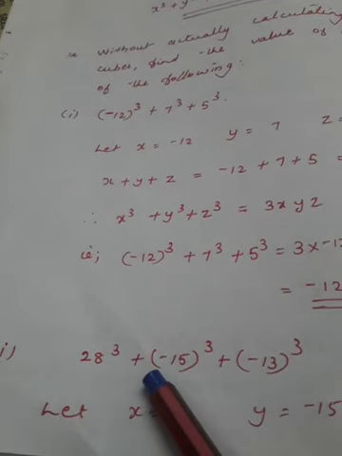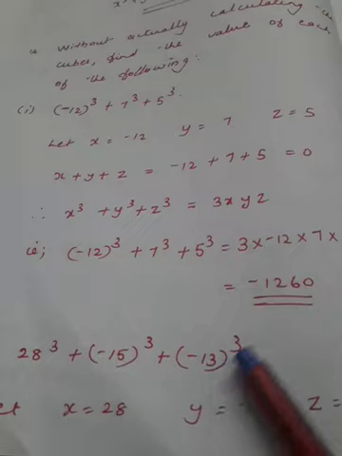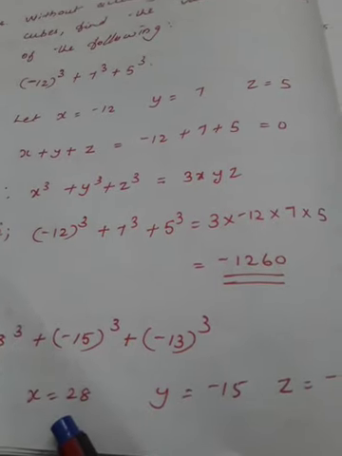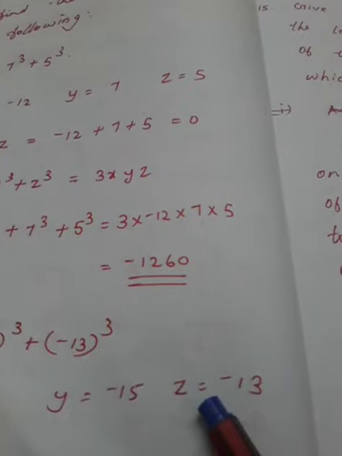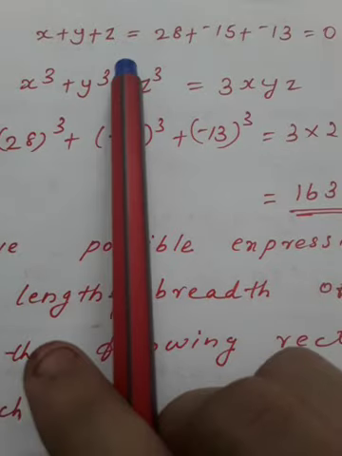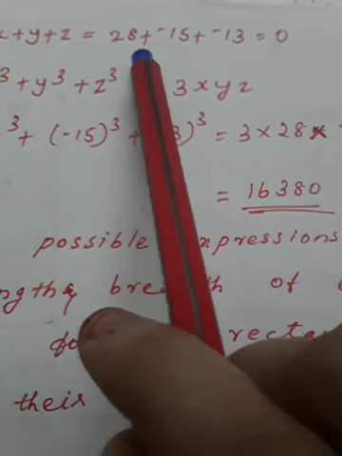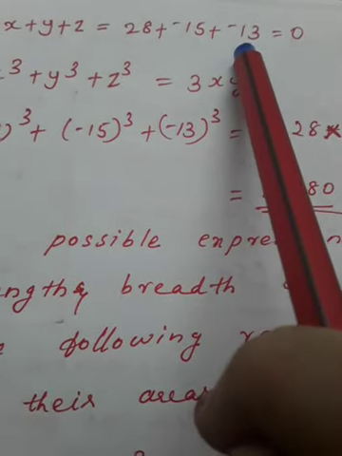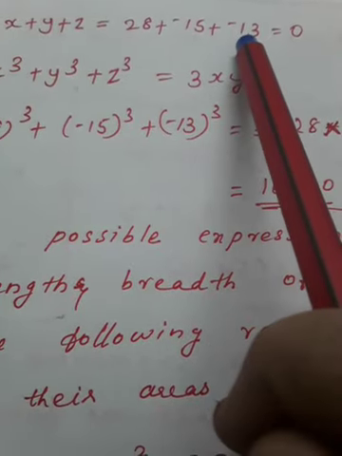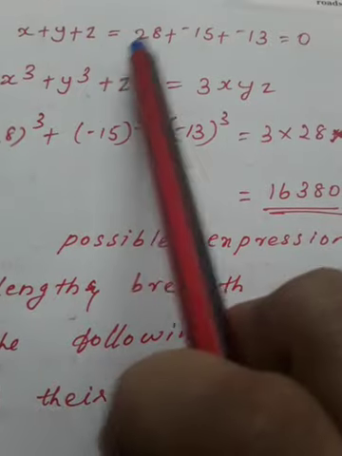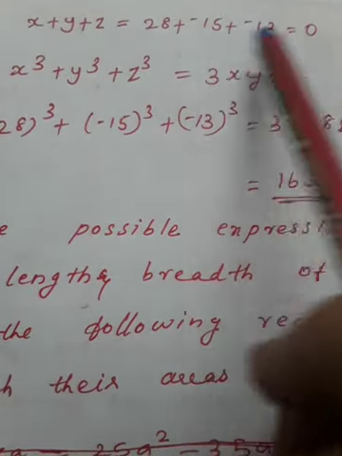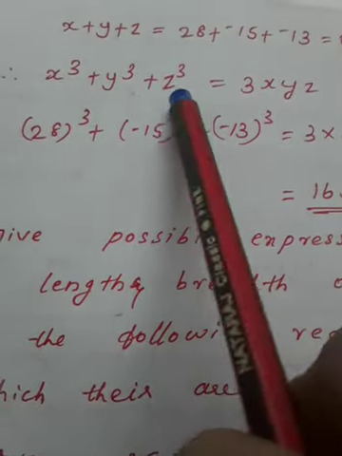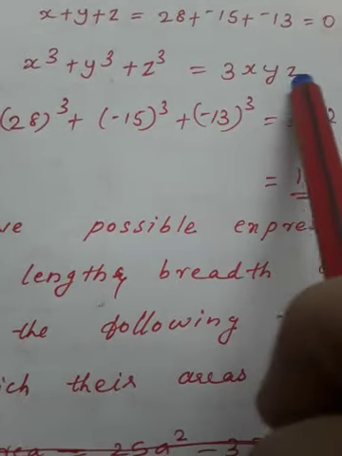Okay. Then similarly, the next question, 28 cube plus negative 15 cube plus negative 13 cube. Here also we can take them as x equals 28, y equals minus 15 and z equals minus 13. So x plus y plus z equals 28 plus minus 15 plus minus 13. Minus 15 plus minus 13 is minus 28. 28 plus minus 28 will be 0. So here also x plus y plus z is 0. So x cube plus y cube plus z cube will be 3xyz.